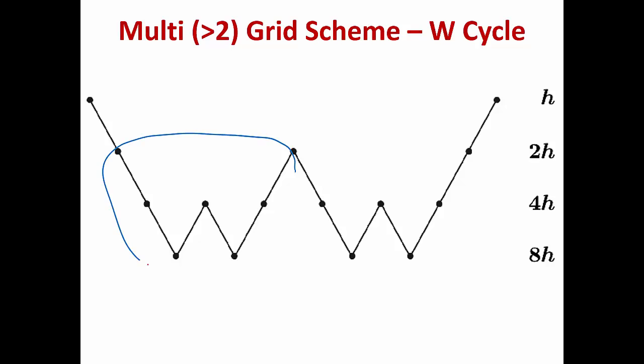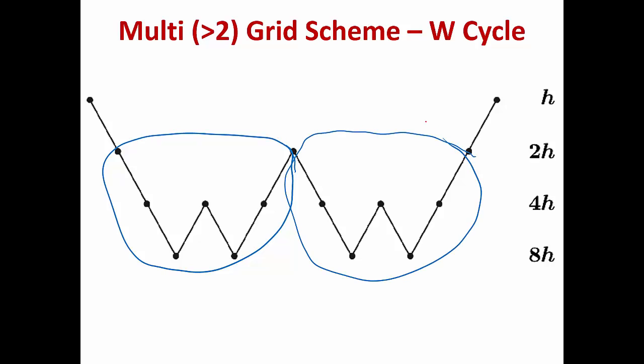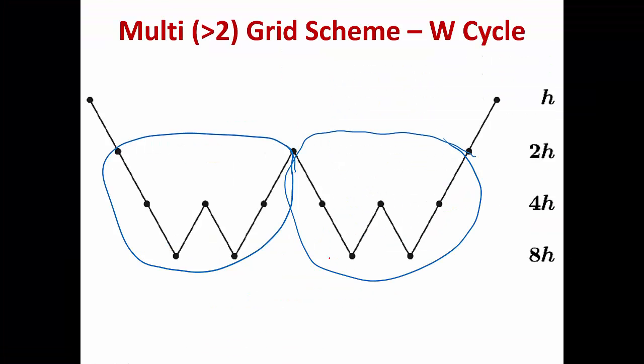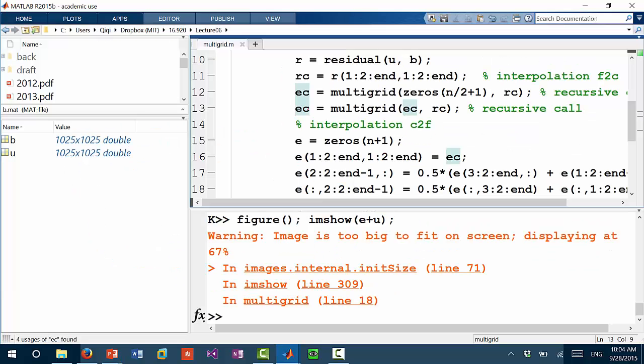And here is a multigrid cycle with 2H grid spacing. And there are two of these. I call that consecutively twice. The first time is my line 12, and the second call is my line 13.